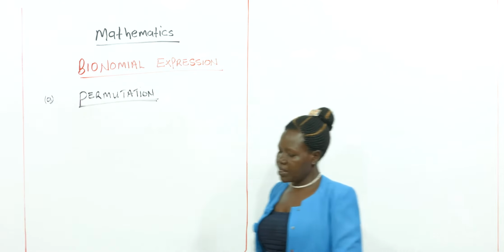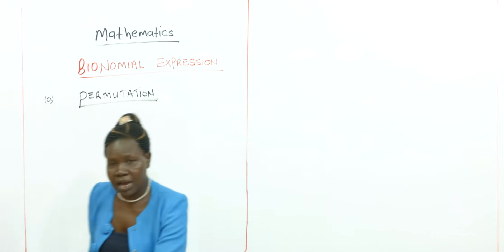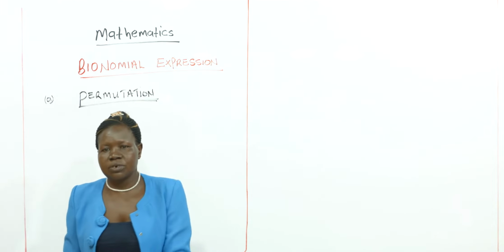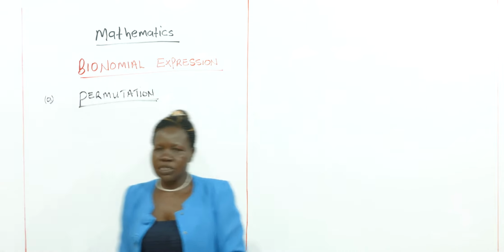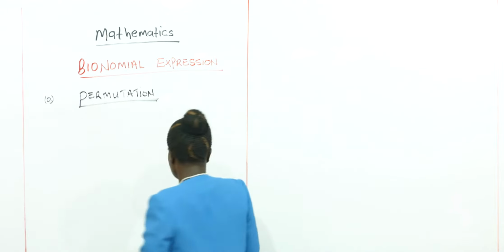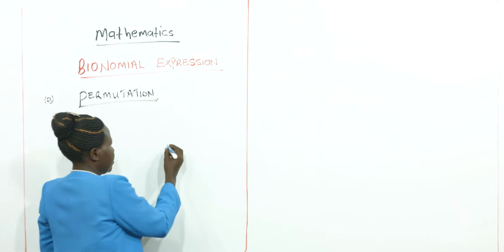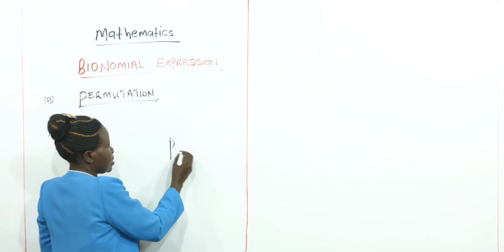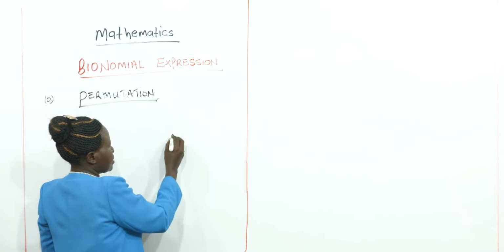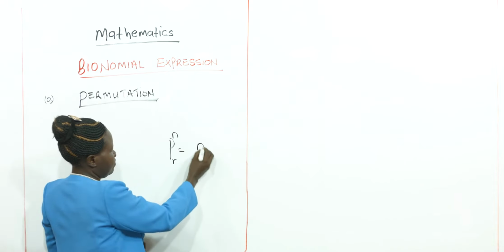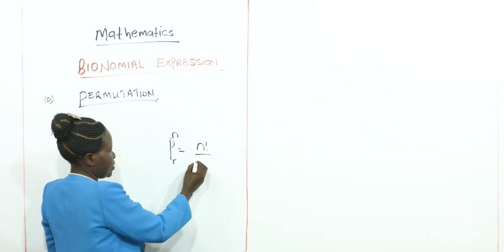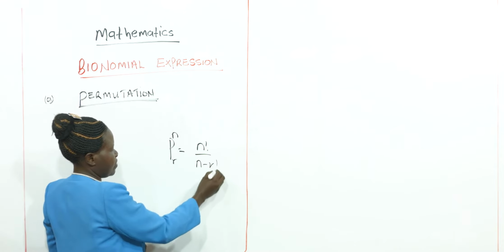And we went further looking at some examples. How do we calculate permutation? We said we can calculate permutation using a formula stated as P raised to n base r equals n factorial over n minus r factorial.